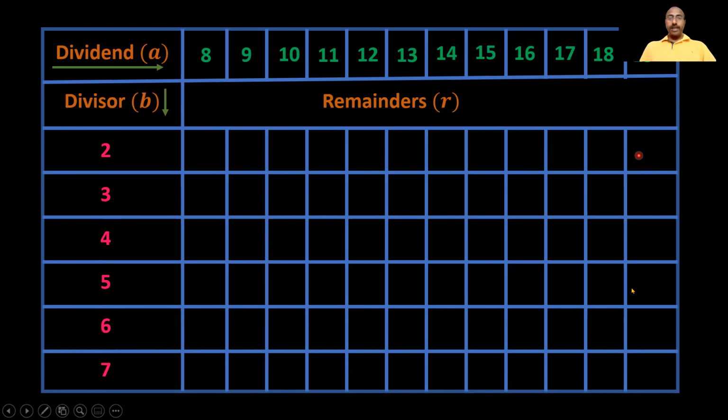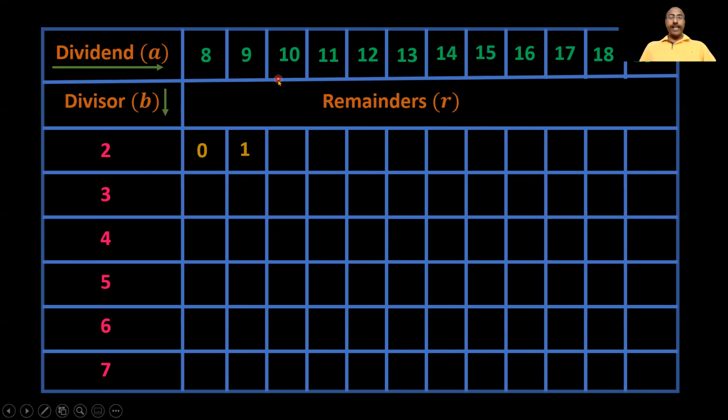And in these boxes, I am going to write the remainders when the dividend is divided by the divisor. If 8 is divided by 2, then the remainder is 0, isn't it? 2 into 4 is 8, so the remainder is 0. Now, if 9 is divided by 2, we have 2 into 4 is 8, and 1 will be left, so the remainder is 1.